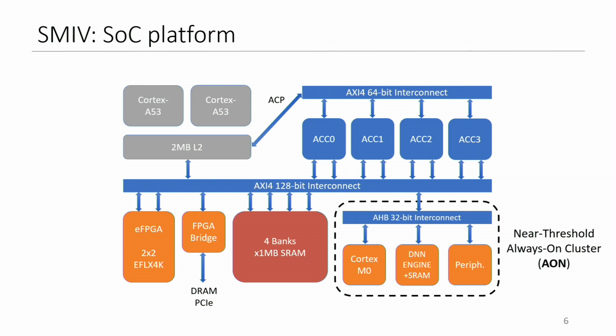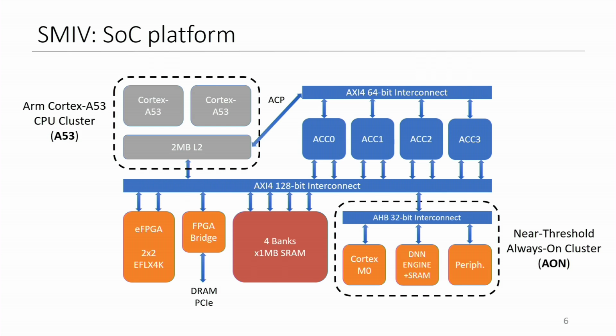We can run firmware for the system on this, and we can also do always-on, continuous monitoring. When something interesting happens, we can send an interrupt to the CPU cluster. So we have dual Cortex-A53s in this chip. We have a 2 megabyte L2 cache.